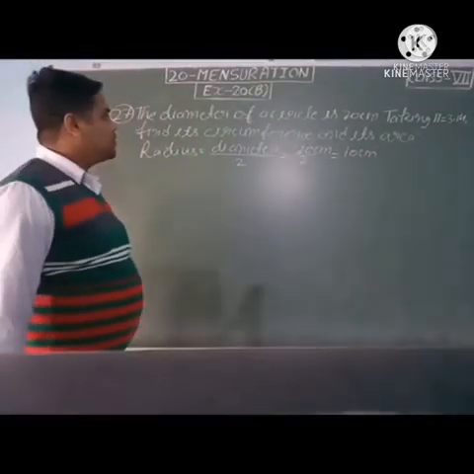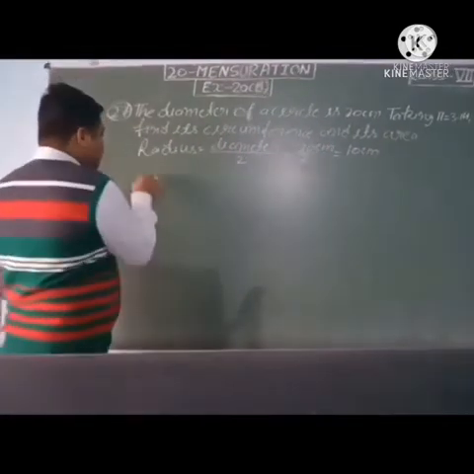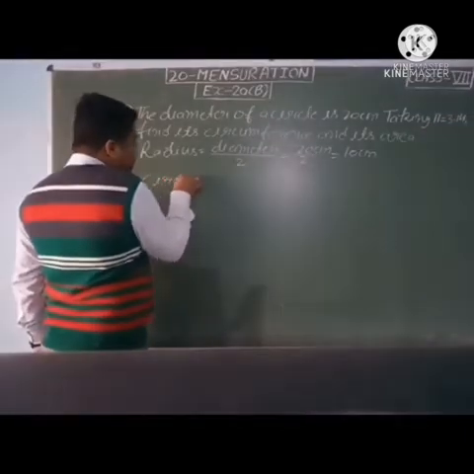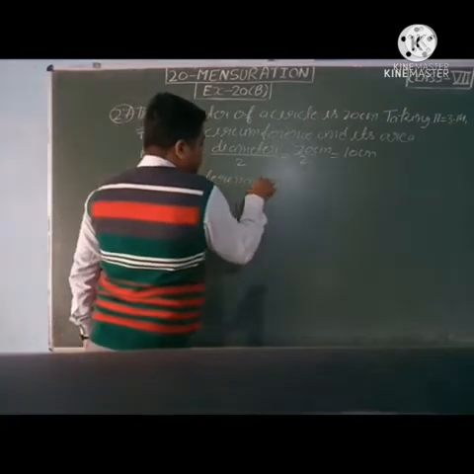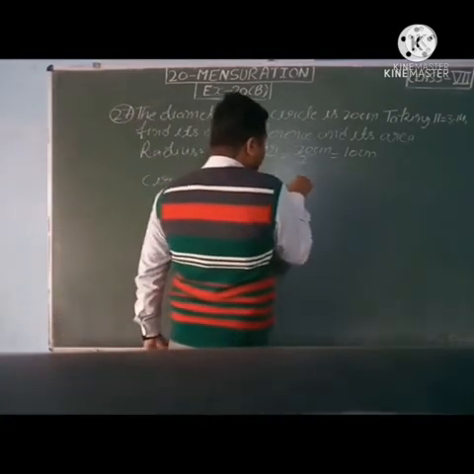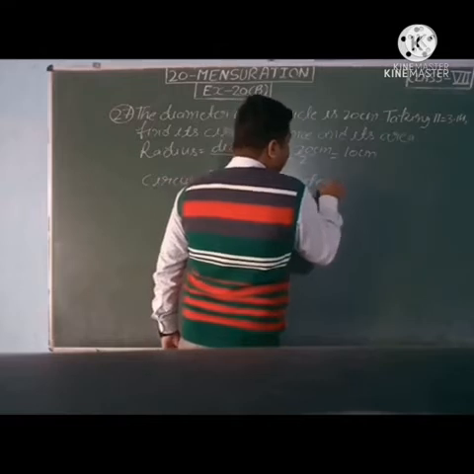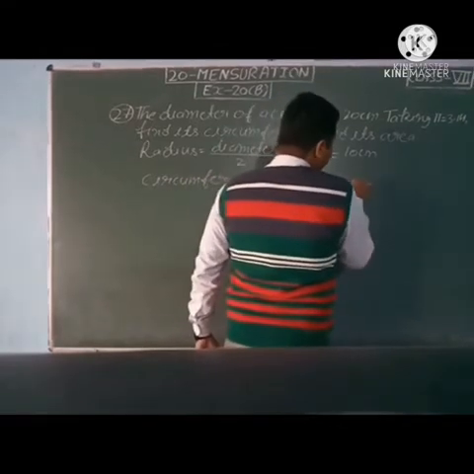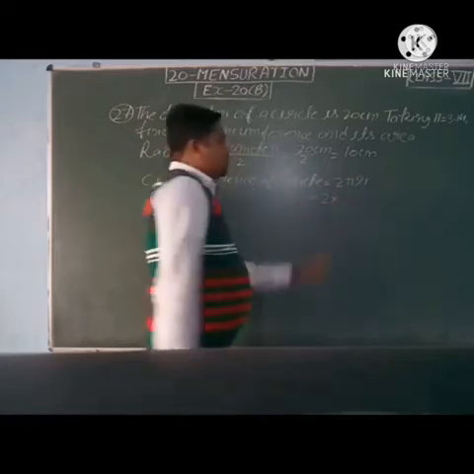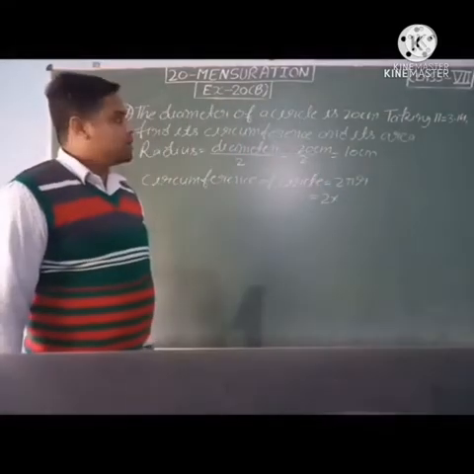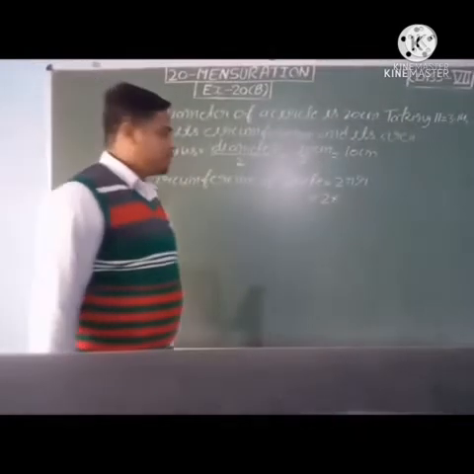Now we can use the formula of circumference of circle. So circumference of circle is equal to 2 pi r. So it is equal to 2 multiply the value of pi that is given in the question, that is 3.14.